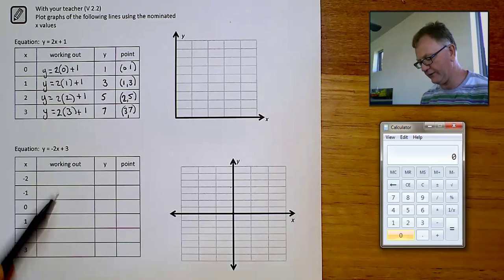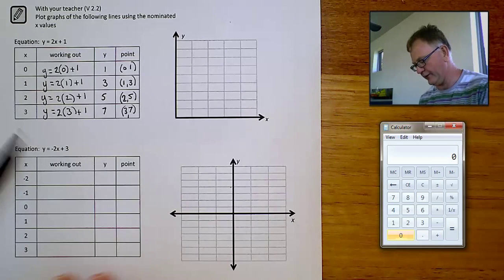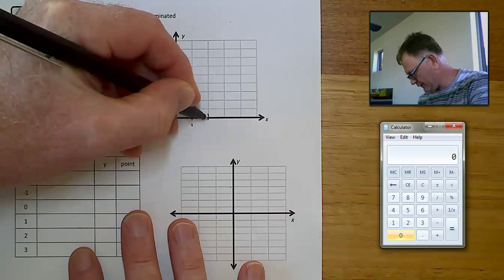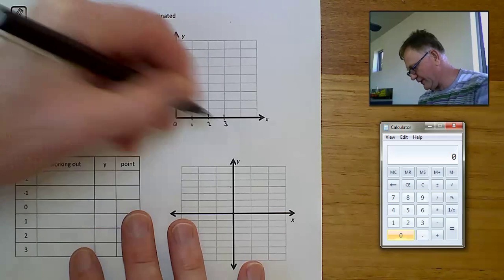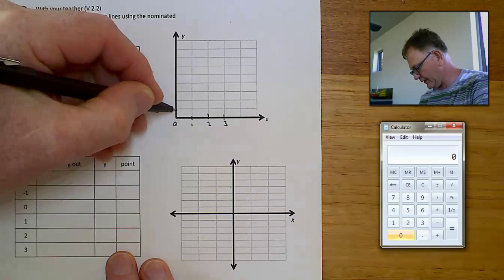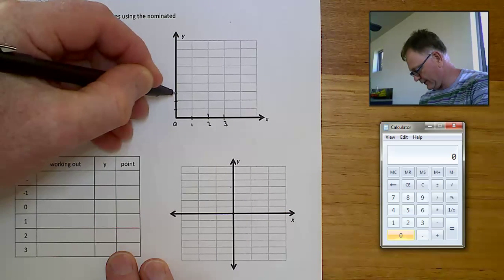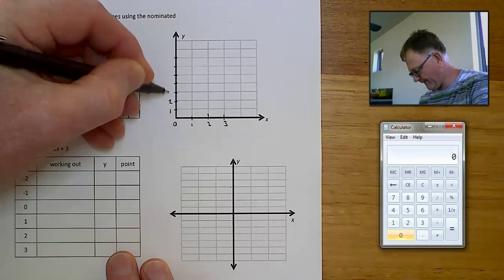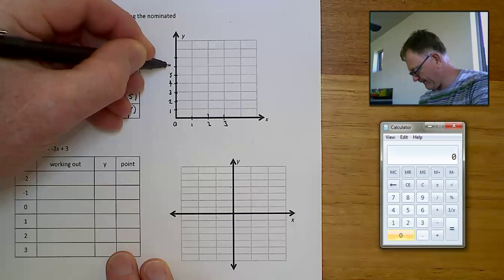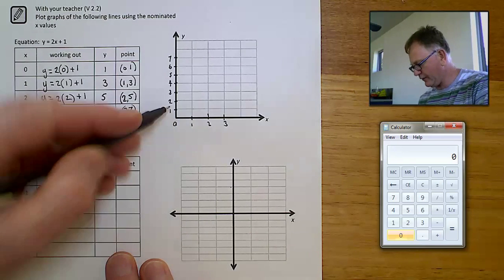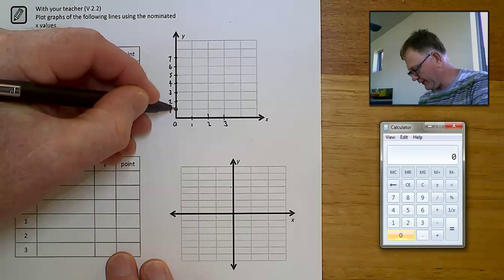Now, our x values have gone between 0 and 3, so let's just make our x values go 0, 1, 2, 3. That's enough. And our y values have to get up to 7. That's okay. We can go 1, 2, 3, 4, 5, 6, 7. And we can plot them on the graph. The point x equals 0, y equals 1 is on the graph.